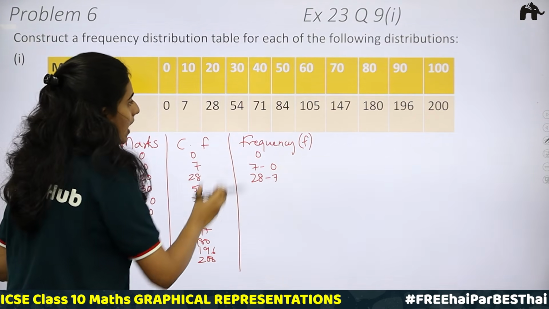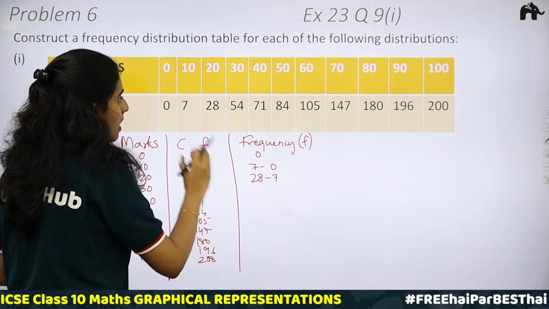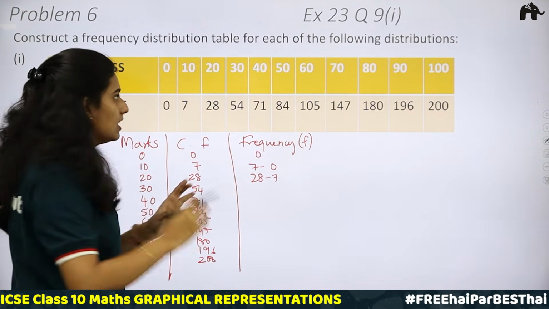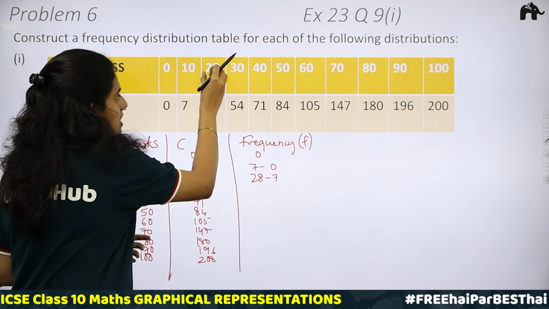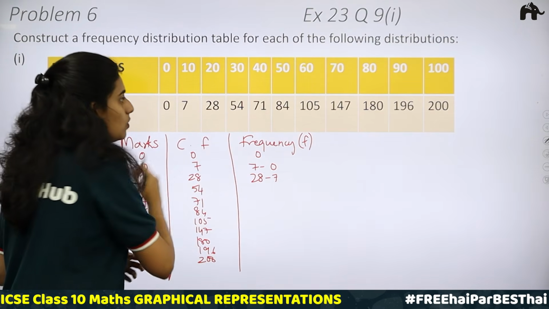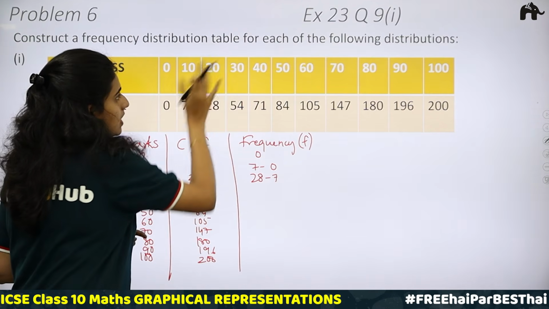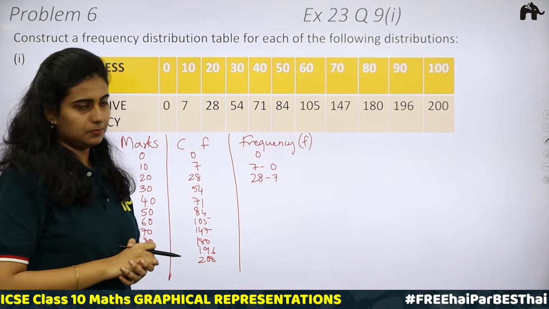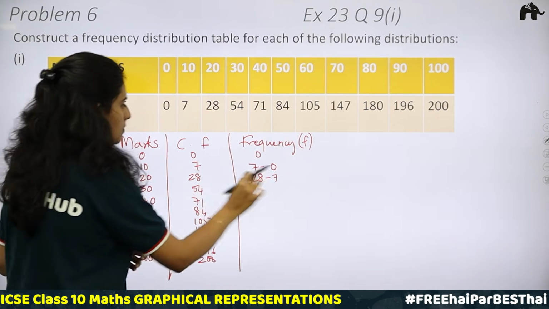Okay. If 54 students have obtained marks less than 30, in that less than 20 and less than 10 will be included. Okay. So, this less than 20, 28 people should be removed from this 54. Only then you will be getting greater than 20, less than 30. Okay. So, this is how we will be getting the frequencies. So, 28 minus 7.